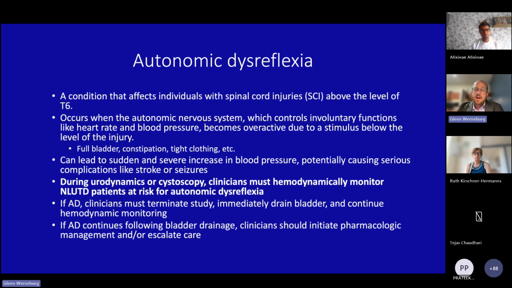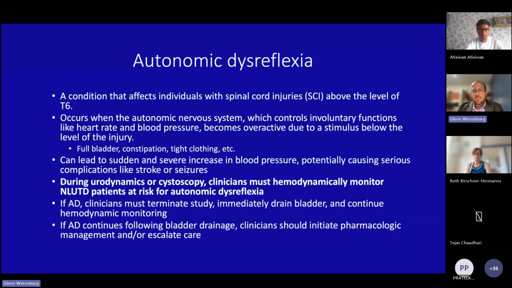You monitor them during the urodynamic study, and if they develop autonomic dysreflexia, which is at least partially defined by an increase in systolic blood pressure, often 20 millimeters of mercury from the baseline, the next steps are as follows. This is very important. You have to terminate the study, so stop bladder filling immediately.